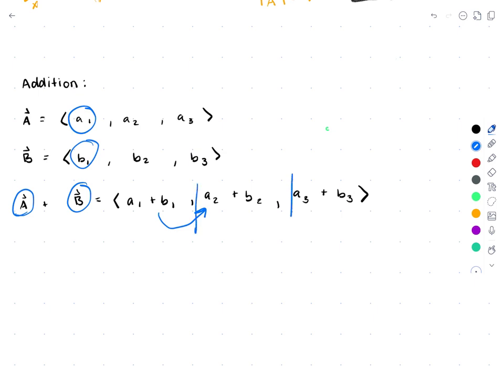And this theorem, vector A plus vector B, will essentially be the summation of its A1s, A2s, B1s, B2s, for however many components it has.